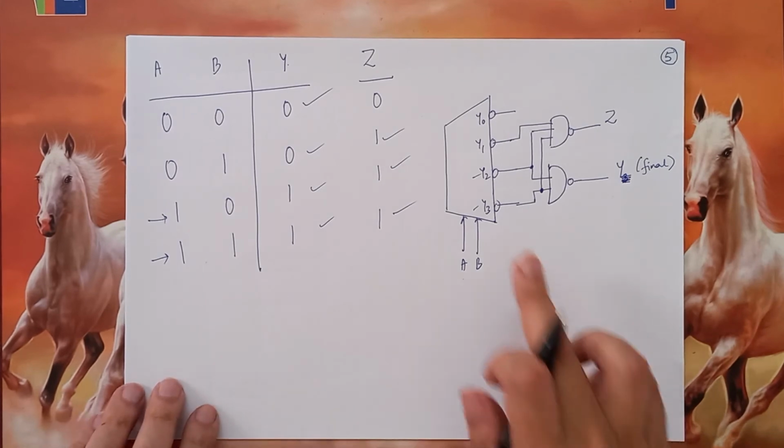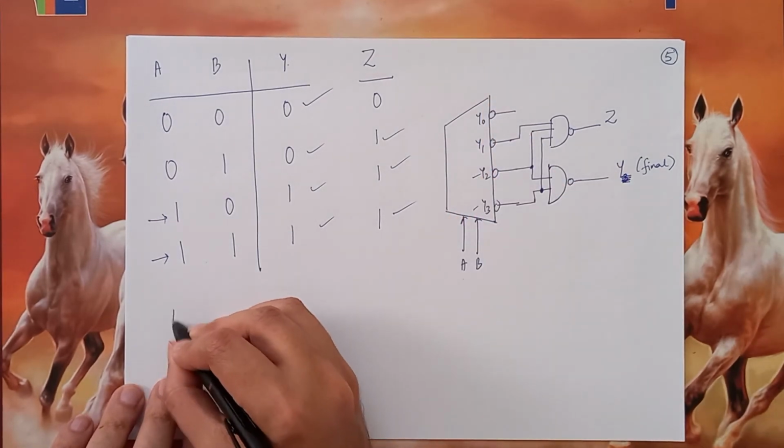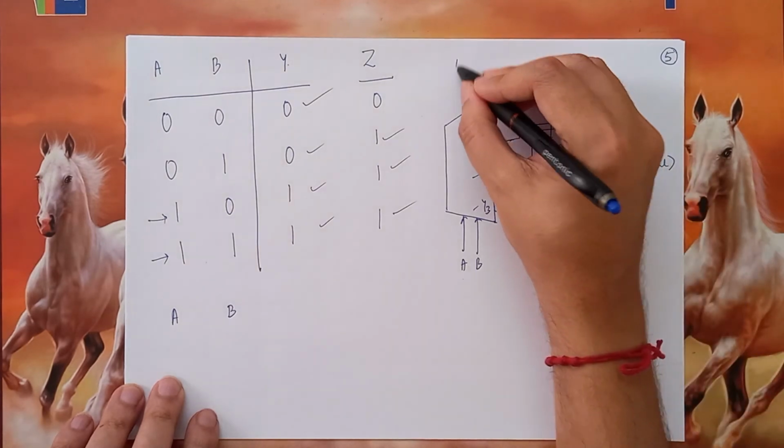So therefore, let's take this example. This example is when I have an active low output decoder.